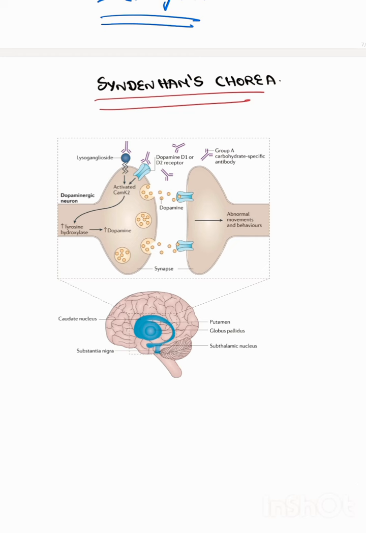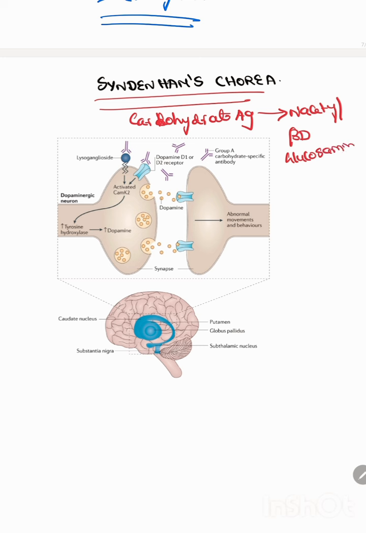The antigen-antibody complex, or the antibody directed against this M protein or carbohydrate antigen. Usually in Sydenham's chorea, the antibody is targeted against the carbohydrate antigen, especially N-acetyl beta-D glucosamine. The N-acetyl beta-D glucosamine epitope in group A beta hemolytic streptococcus is the inciting antigen against which antibodies are formed.